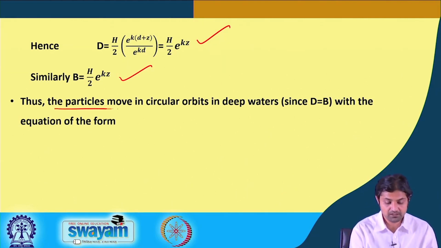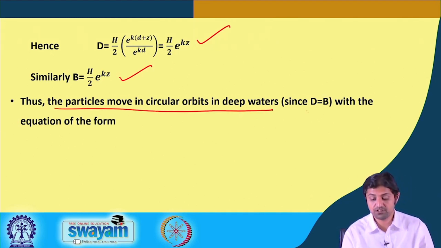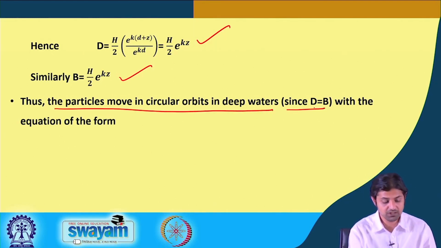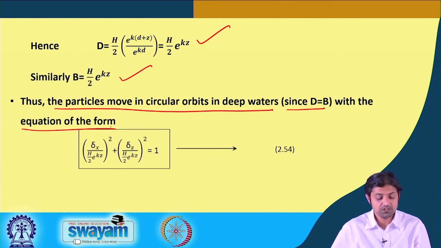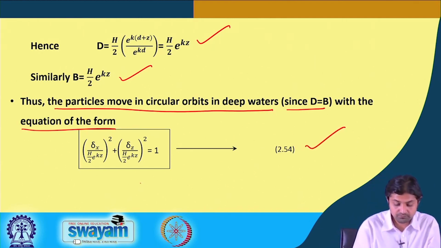Therefore, the particles move in circular orbits in deep water, since D is equal to B, with the equation of the form (delta x divided by H by 2 e to the power kz) plus (delta z divided by H by 2 e to the power kz), whole square, is equal to 1.